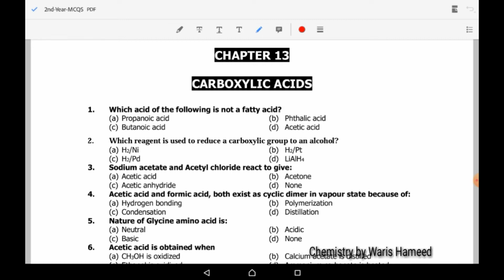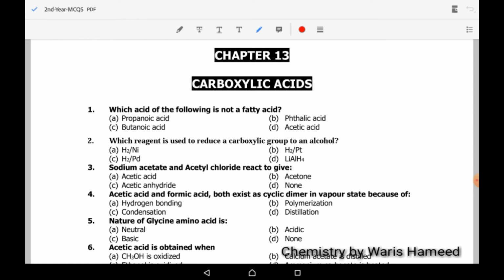Which of the following is not a fatty acid? Propanoic acid, butanoic acid and acetic acid, these three acids are actually saturated fatty acids, and phthalic acid is a dicarboxylic acid and it is not a fatty acid.